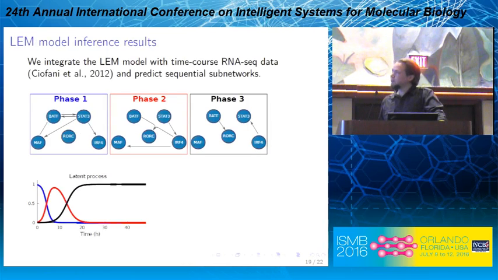Okay, and here are the subnetworks that we predict by calibrating the model. So there are 3 subnetworks which correspond by color coding to the predicted latent process. It is clear that we have certain time windows where different network structures are active, but on the other hand there's also overlapping behavior because these transitions are rather smooth.